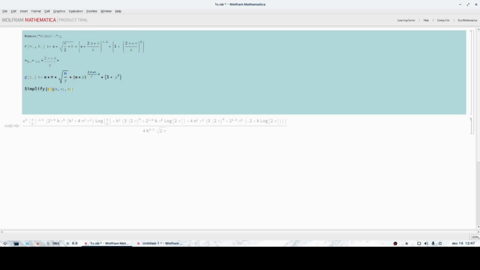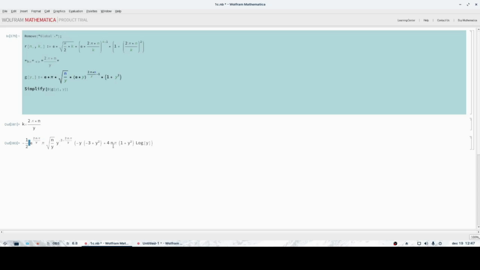So instead of simplifying r, we can get the derivative of this g function by the y variable, and voila. Look at it, it's much simpler. So this is a product. The product we need to calculate when this product is 0. The product is 0 when one of its elements is 0. Y cannot be 0, and this cannot be 0.